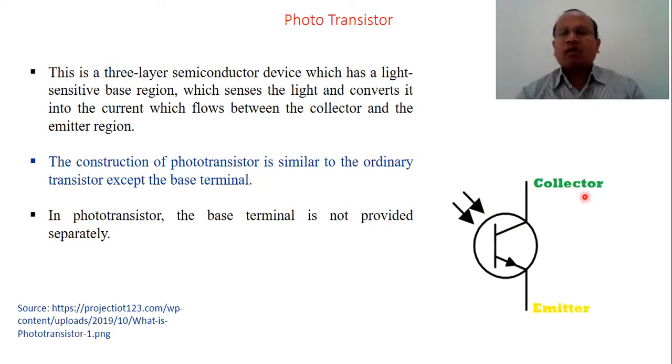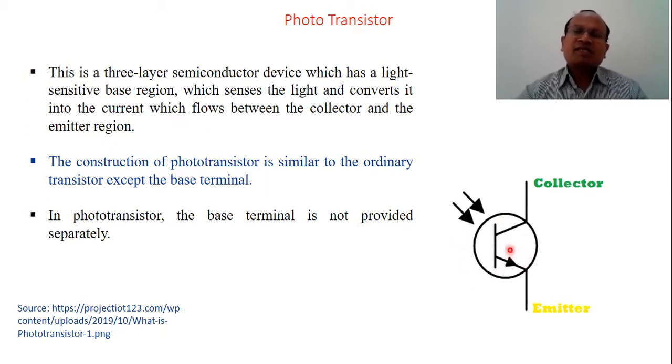As we can get the output characteristic of any ordinary transistor, which is collector current versus VCE, similarly, in this phototransistor as well, the output characteristic will be the plot between IC and VCE. So it's a three terminal or three layer semiconductor device which has light sensitive base region.